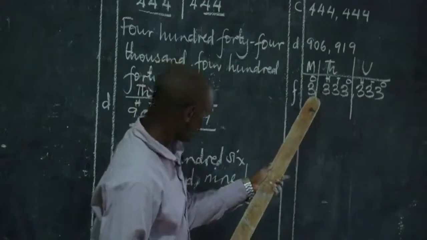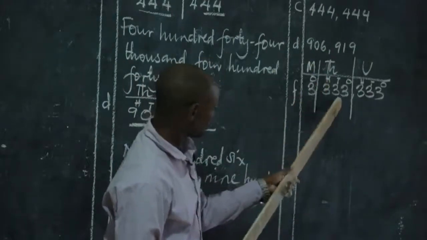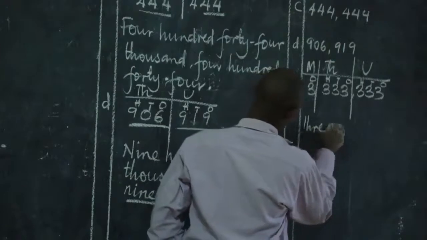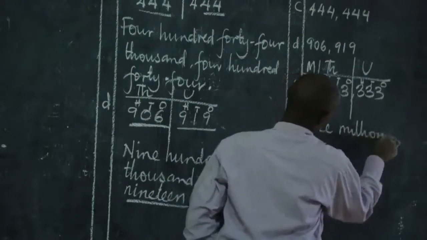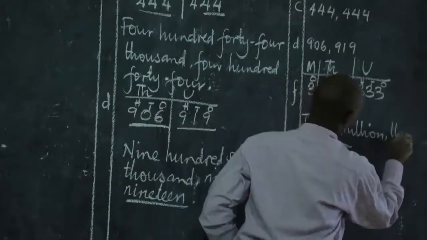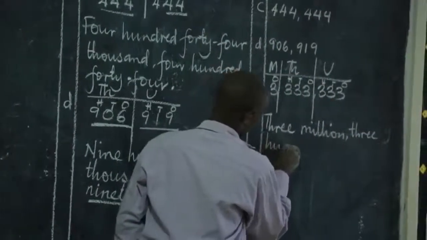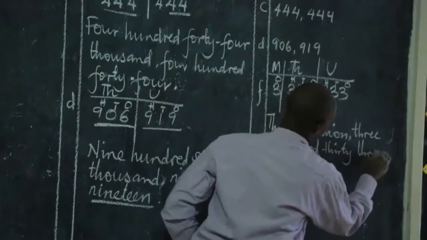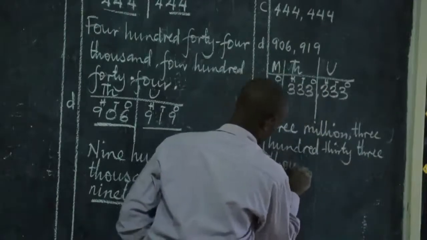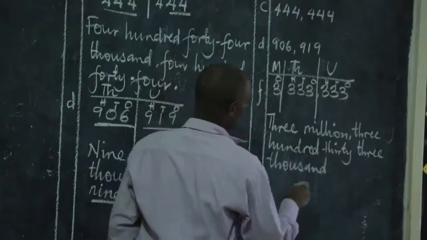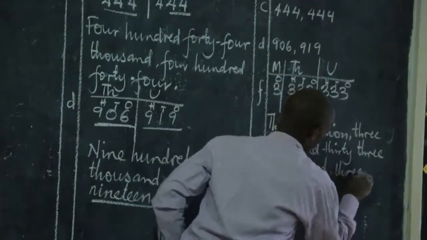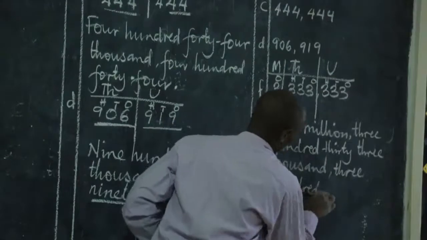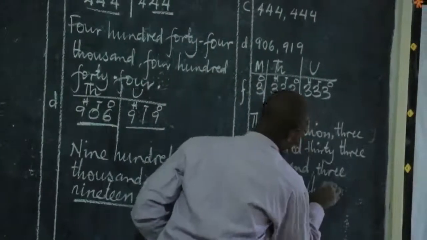So we shall have 3,333,333. 3,000,000, 300, 33,000, then 300, then 33.